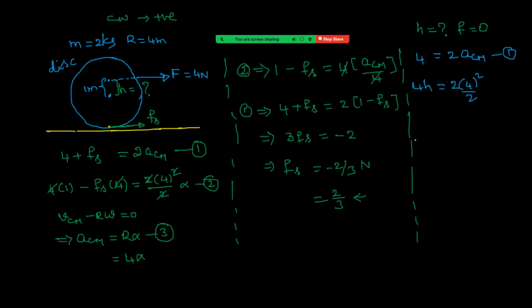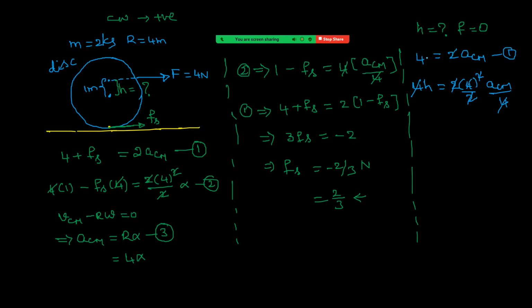In the place of alpha, I am writing ACM by r. Okay, so 4 cancelled here, remaining 4 cancelled here, 2 and 2 cancelled. ACM equal to h, right? ACM equal to h, use that in equation 2.